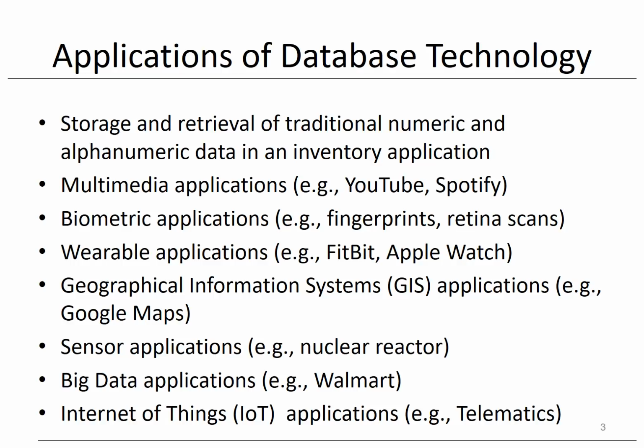Data is everywhere and comes in different shapes and volumes. These data need to be stored and managed using appropriate data management or database technologies. Think about the storage and retrieval of traditional numeric and alphanumeric data in an application developed to keep track of the number of products in stock.